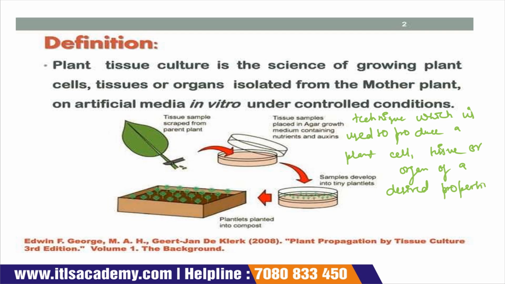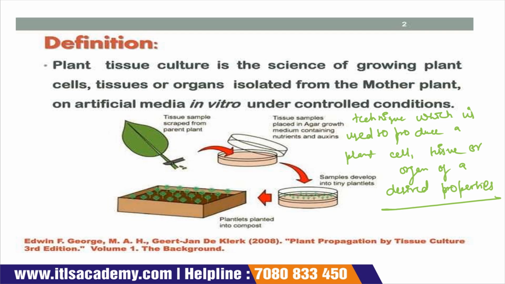Either the plants are free from any type of disease, or they have a high quality of planting material, and they can be grown uniformly and repeatedly. So simply, it is plant tissue culture.